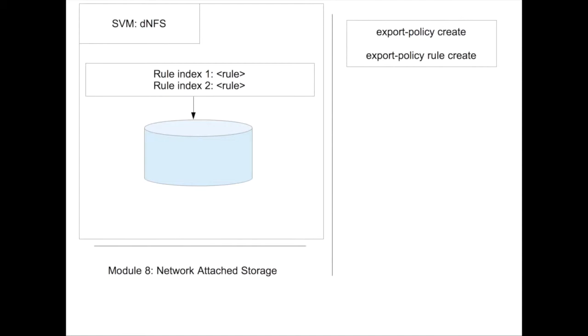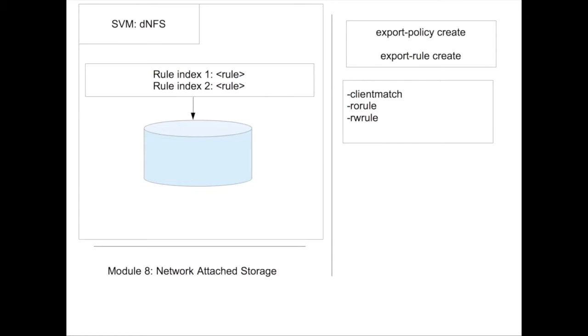So the rest of the rules will be ignored. If you create a policy, it's obvious that you use a command which is called export policy create. Adding rules to that policy would be possible with export policy rule create and then specify the policy in which you want to create the rules.